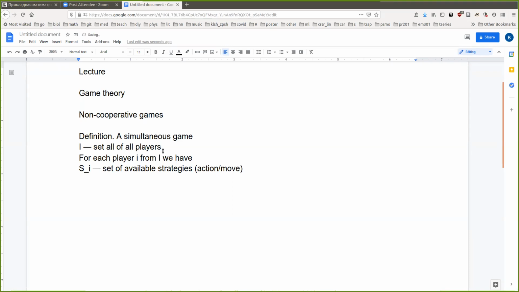But in a consecutive game, a strategy and a move are different concepts, because a strategy is an instruction that explains which move I should take in every possible position. But for a simultaneous game, the set of strategies for every player is just a set of available actions. Action, move is a synonym of strategy in a simultaneous game.